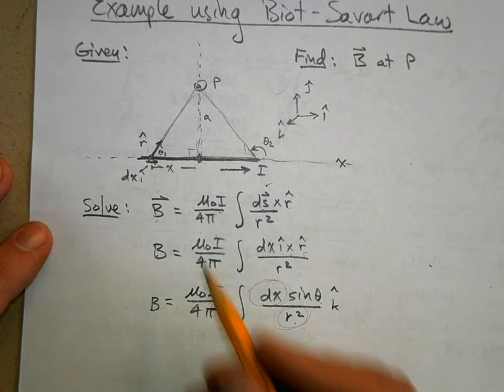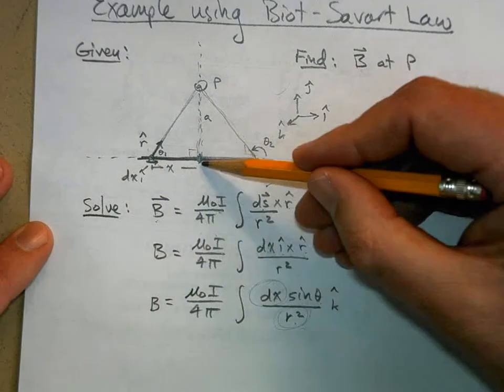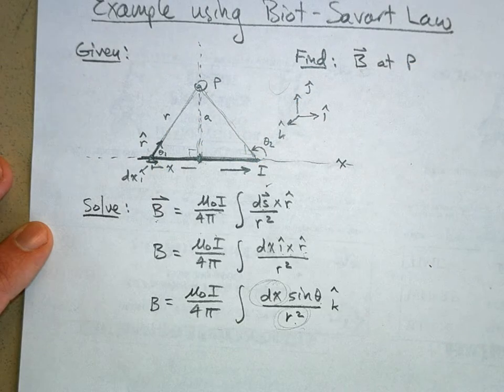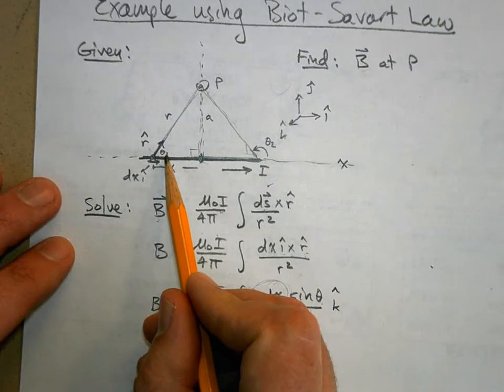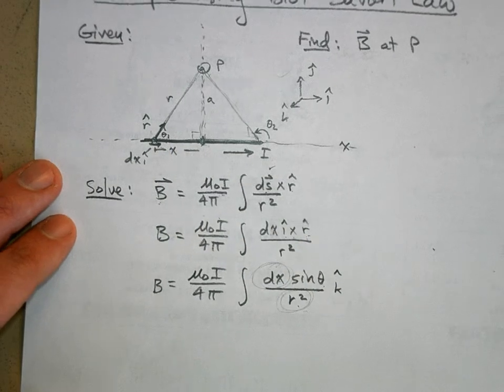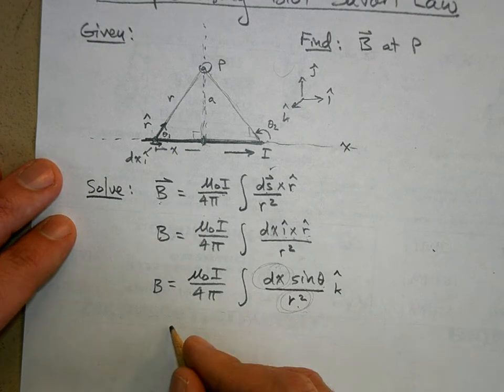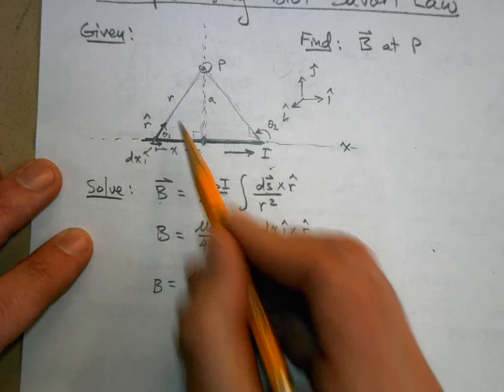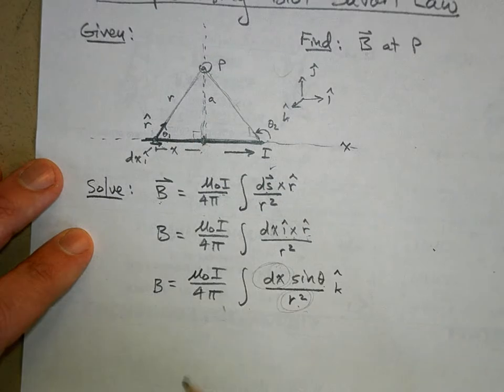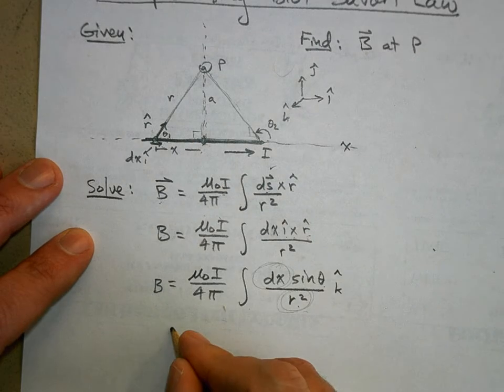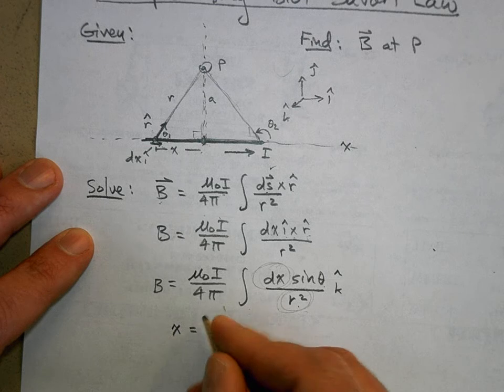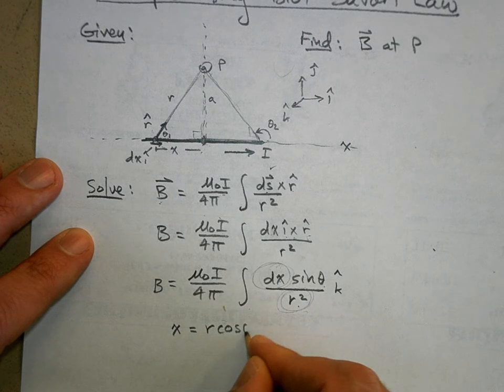So now let's look at this picture. We have x and a and r, and we have theta right here. So what is x going to be equal to in terms of r and theta? So x is equal to r cosine theta.